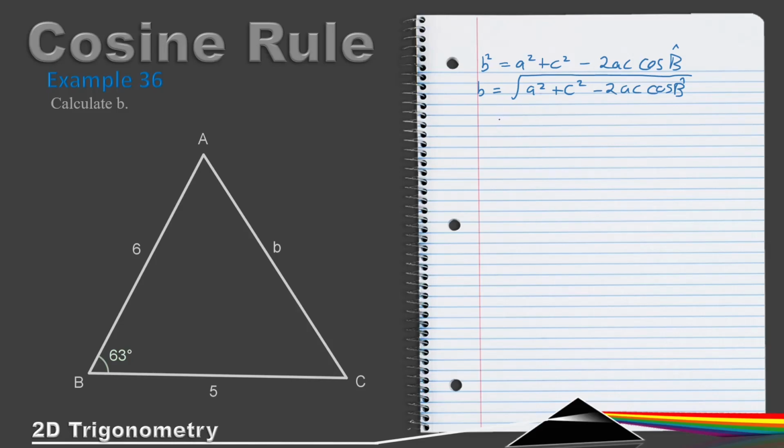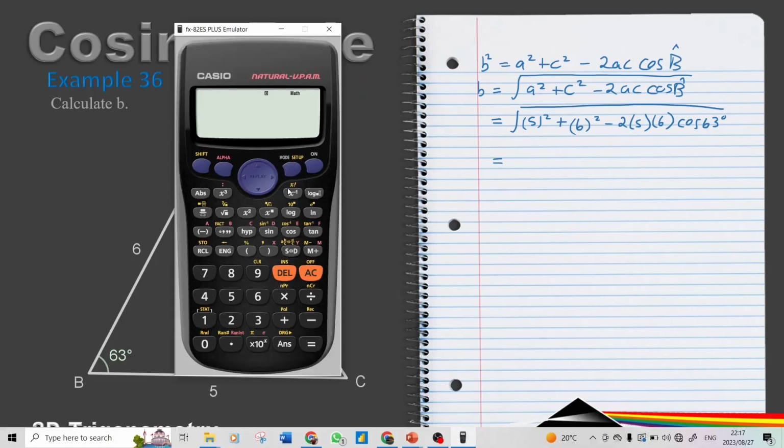Now let's substitute in the values. So a is 5, c is 6, minus 2, a is 5, c is 6, cos of b is 63. Then we just type it into the calculator.